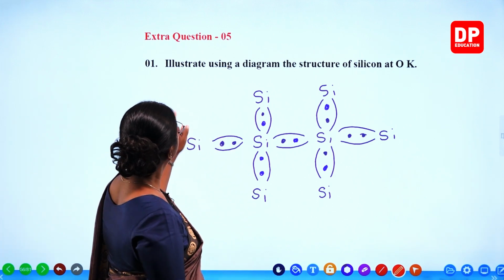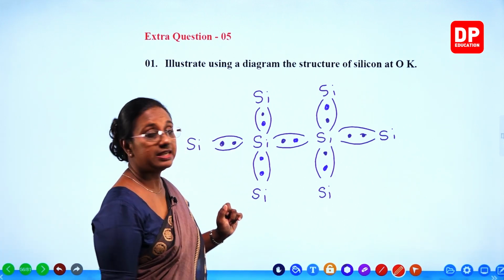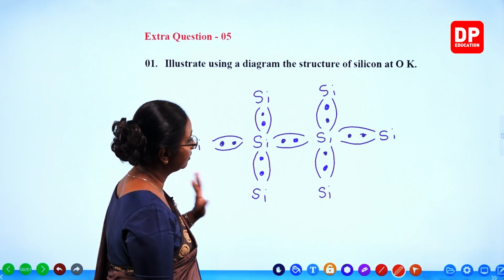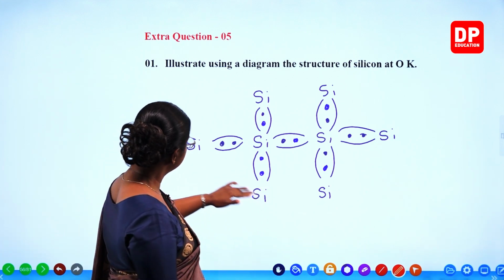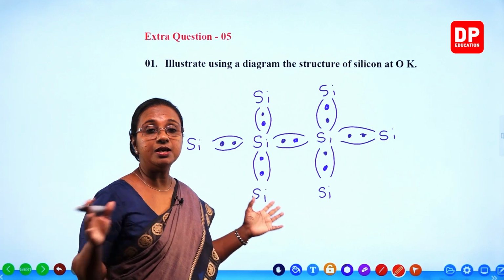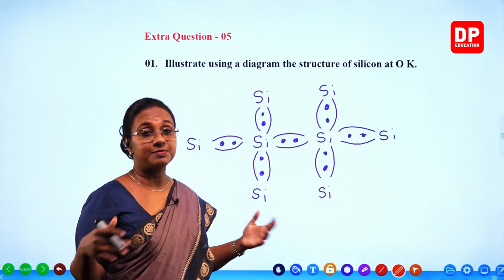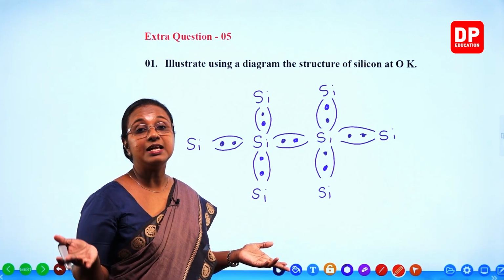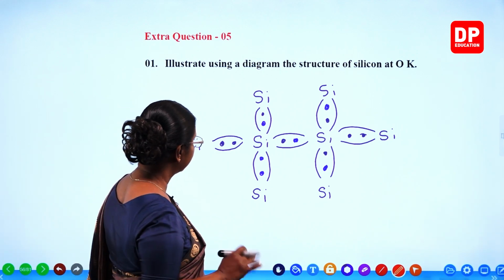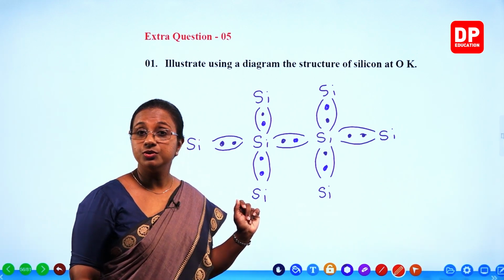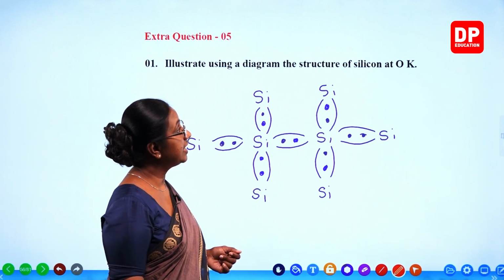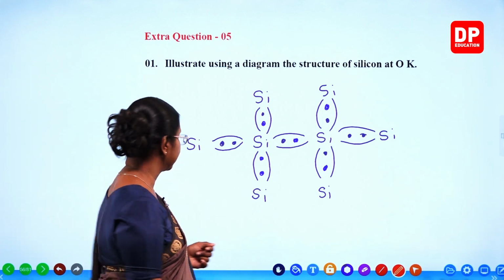That is the structure of silicon at 0 Kelvin. Is that clear to you all, students? So even all these silicon atoms will be bonded with other 4 silicon atoms. That is why it is a crystal lattice. You all can remember that. So this is what you need to show. With that, students, I am going to move on to the next slide.